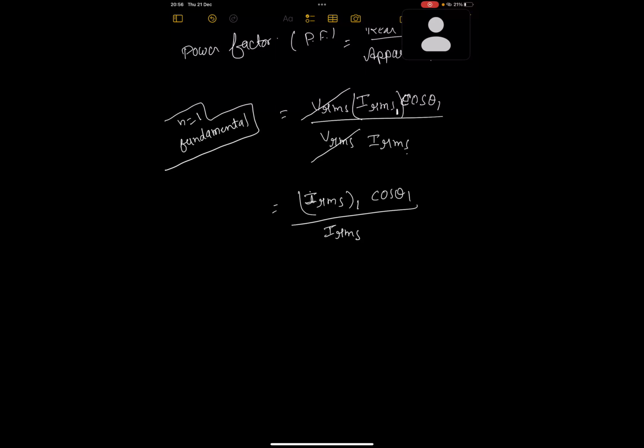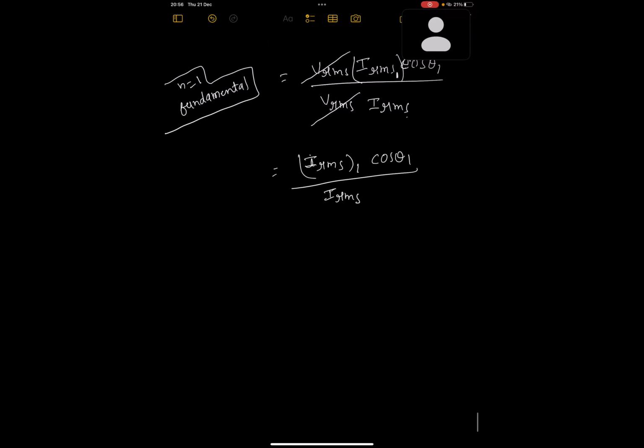Okay. So power factor will become the distortion factor multiplied by the displacement factor.